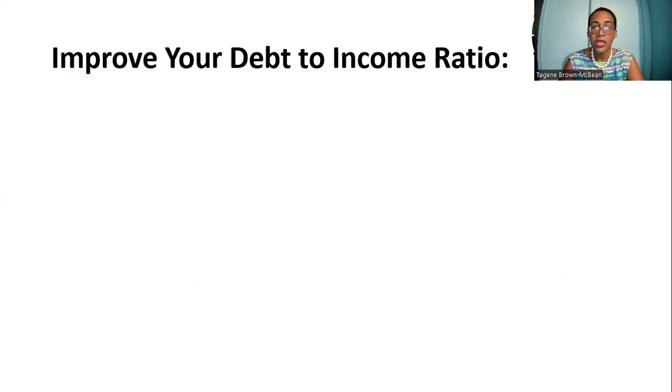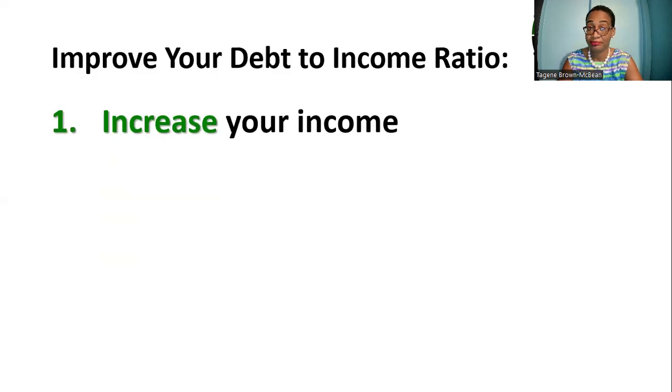All right. So here is how you're going to improve your debt to income ratio, right? This is how you're going to improve your financial health. Number one, if you fall into the bad category, people, here are the things that you will need to do to move it from the bad category and go over to the average or to the excellent category.